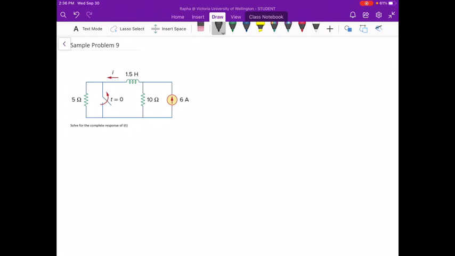The first moment is when the switch is still closed, and the second moment is when the switch has been opened at the start, or when t is equal to 0.